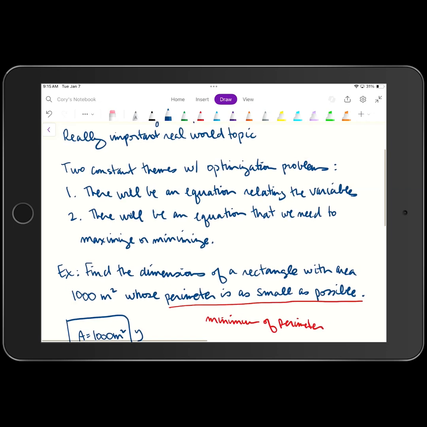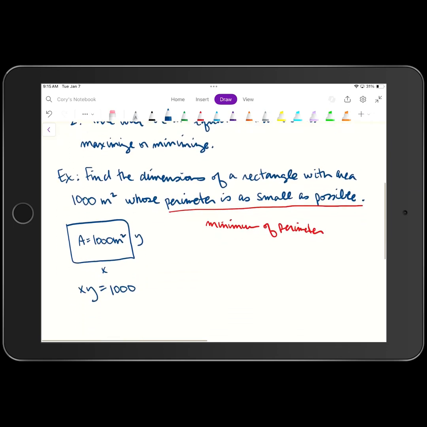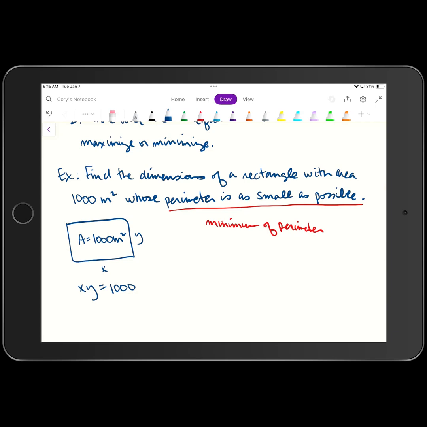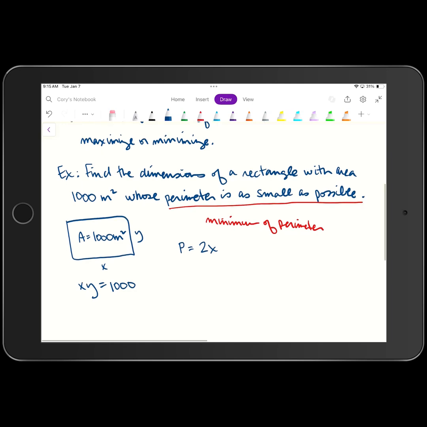And then we want to come up with the equation that we need to maximize or minimize. Well, if we're trying to find the minimum perimeter, we want to come up with the perimeter function. So if we have a rectangle like this, perimeter is equal to the distance around the rectangle, where there are two side lengths of length x plus two side lengths of length y.